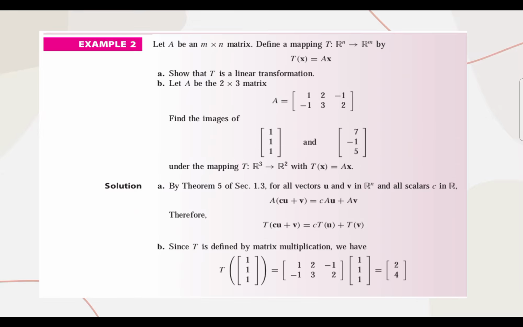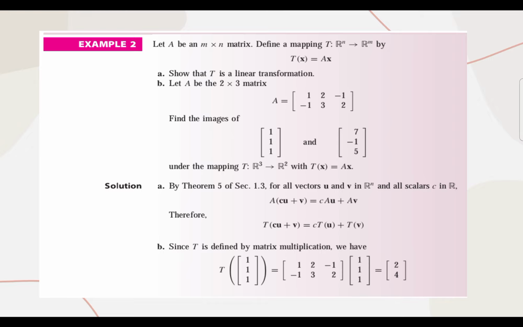Then let's proceed to example 2. Let A be an m by n matrix. Define a mapping T from R^n to R^m by T(x) = Ax. A: Show that T is a linear transformation.